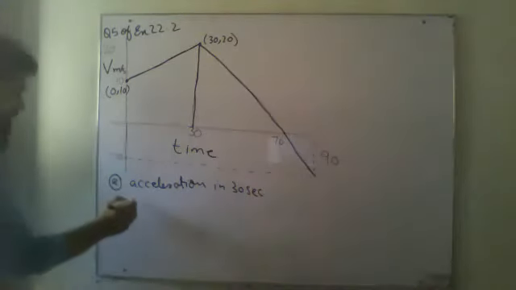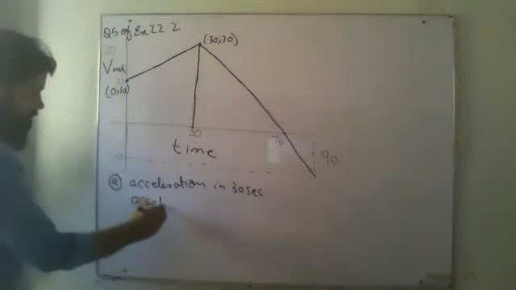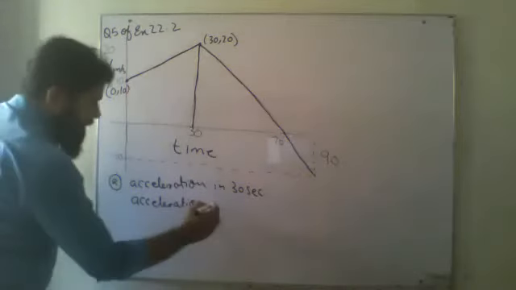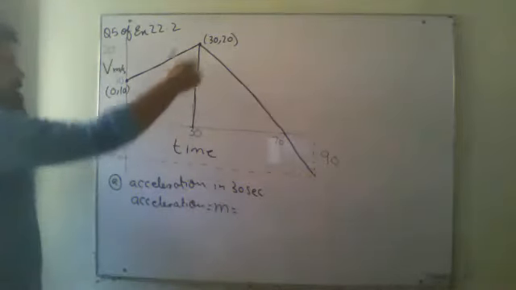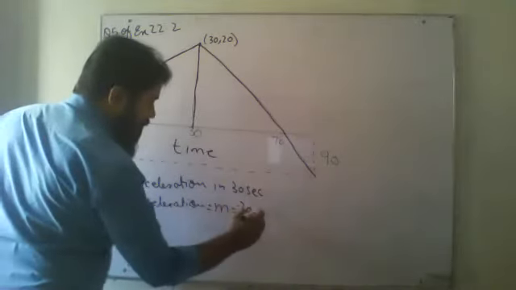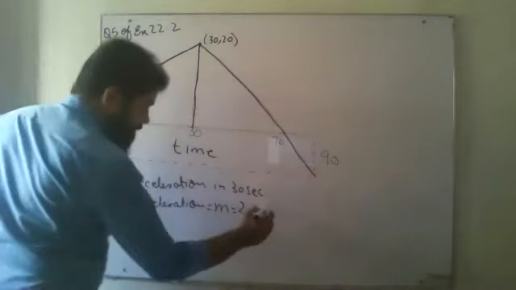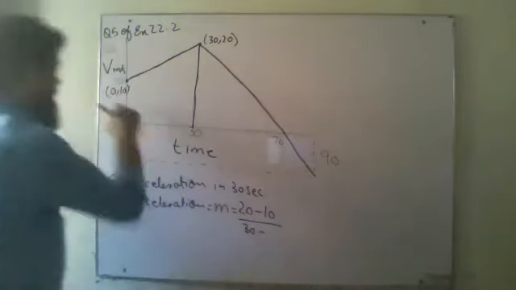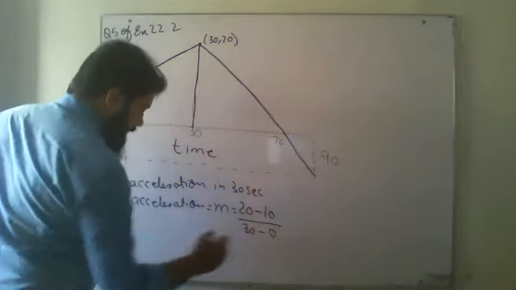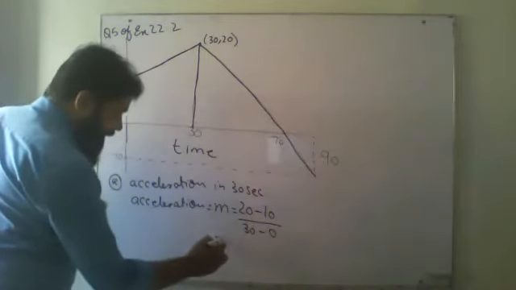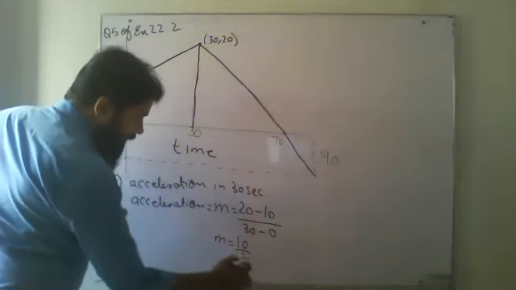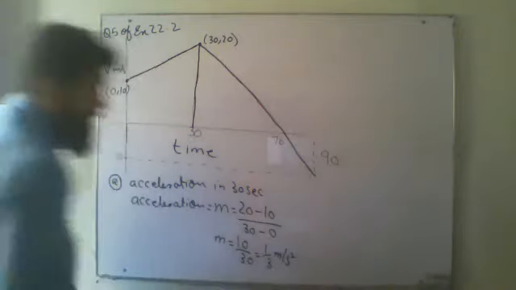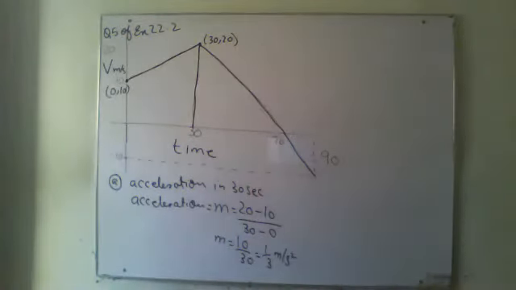So in order to find acceleration, I will find the gradient of this line, and the gradient of the line will be y2 minus y1 upon x2 minus x1. So when I simplify it, the gradient comes to 10 over 30, which means it is 1 over 3 meter per second square. That's your first part.